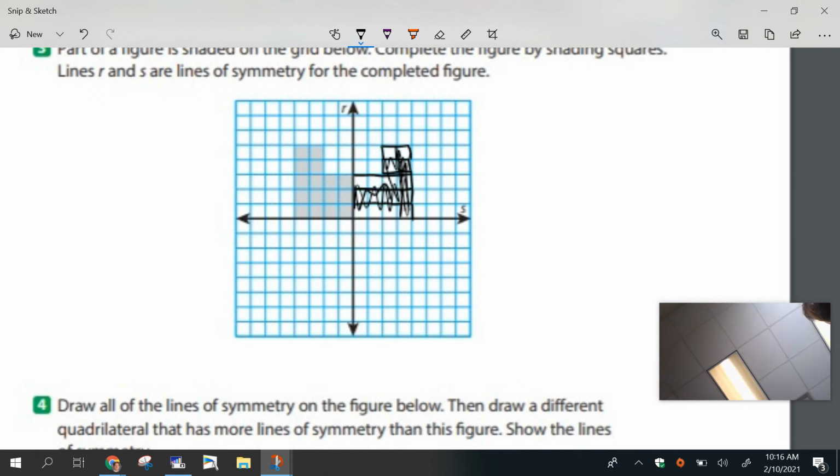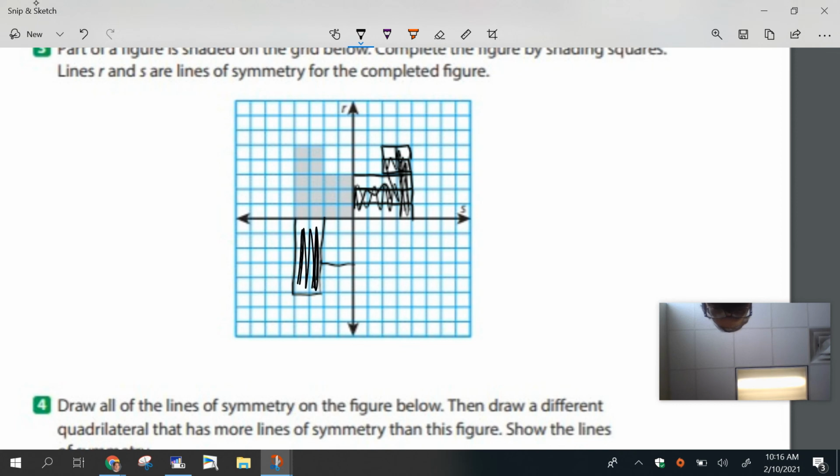Okay? That makes sense? Now if I'm going here, I just turn my page like it's a mirror image going down. So I'm going to go 3 down, 3 down, and here these go 5 down. Then you would shade all those in.